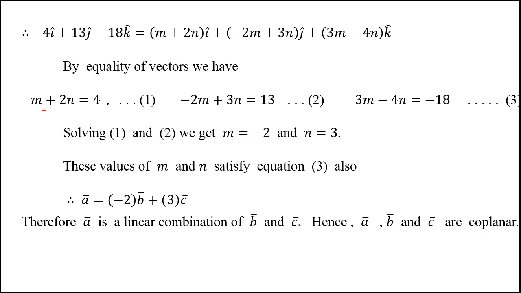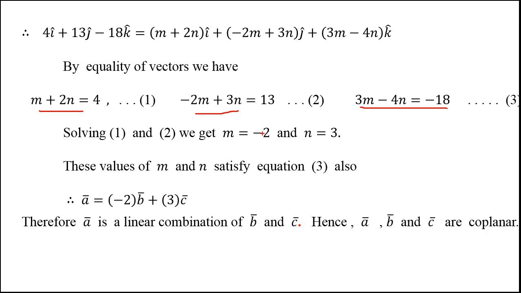After solving these three equations, actually there are only two unknowns, so it is sufficient to solve any two of them. So solving any two of them, we get m is equal to -2 and n is equal to 3.